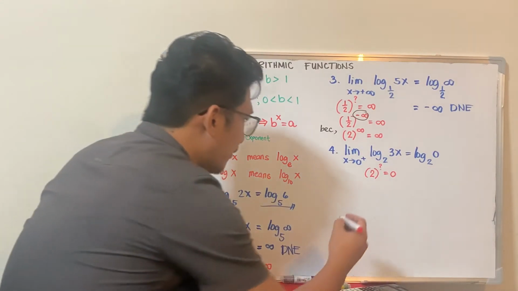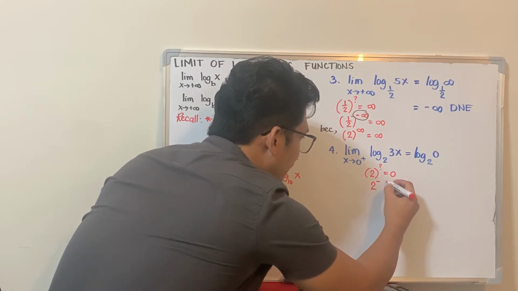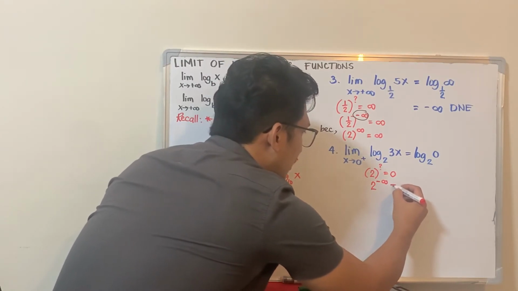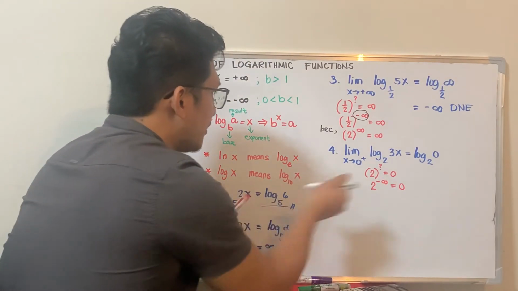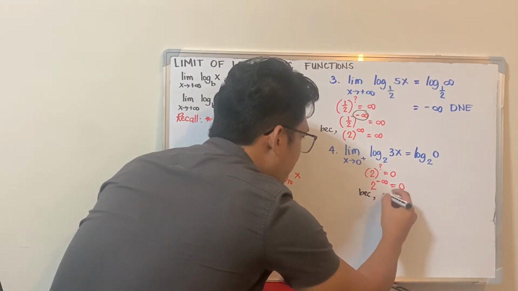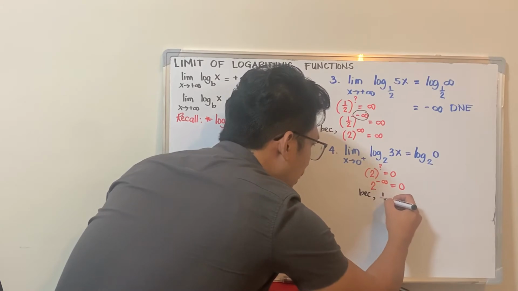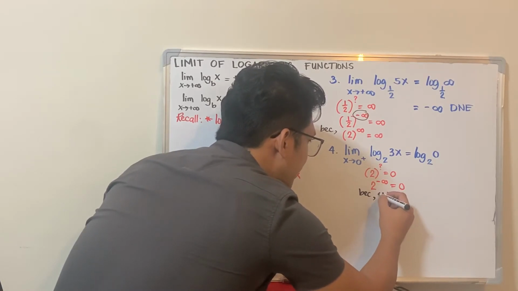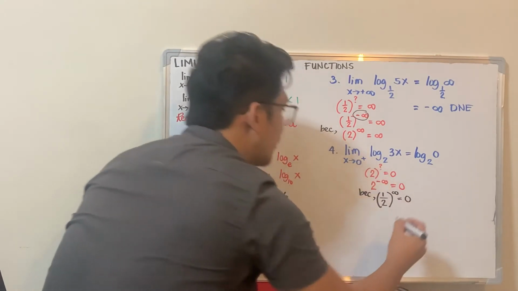So again, same story. Your exponent should be negative infinity. Why? Because 2 raised to negative infinity means 1/2 raised to infinity, and basically that is equal to 0.